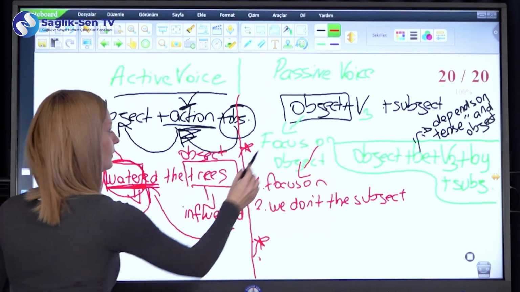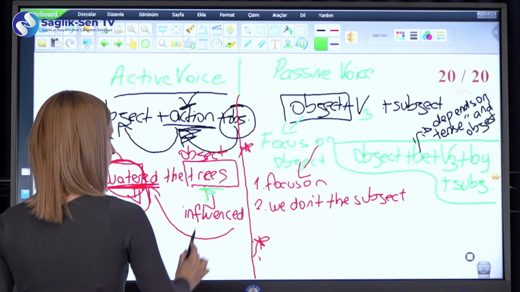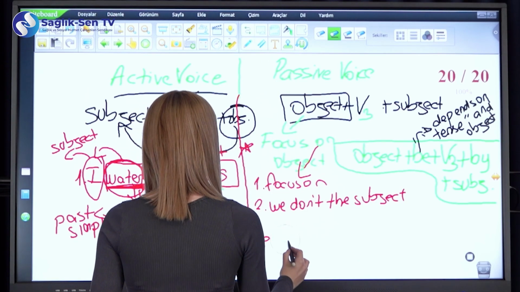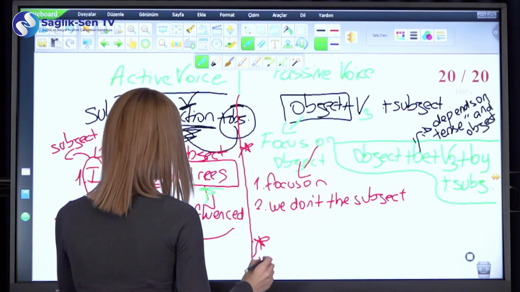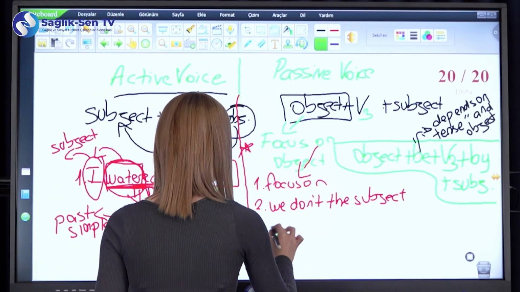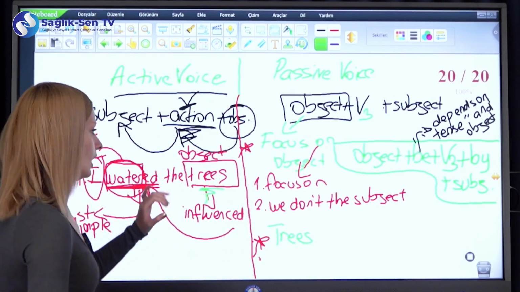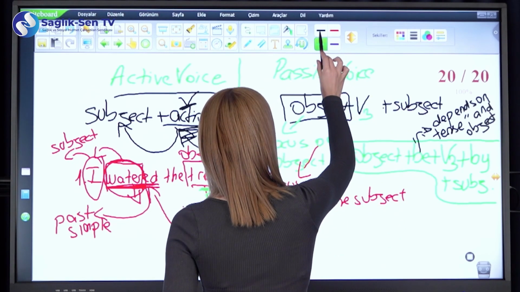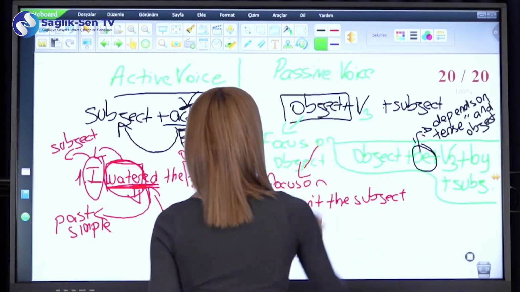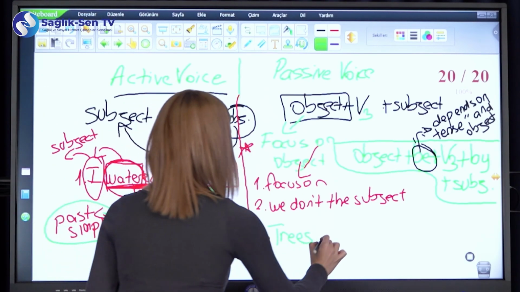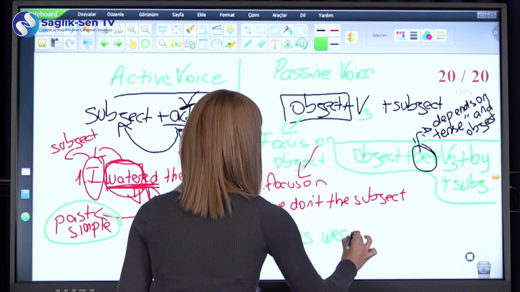I take my object to the beginning of my sentence. My object is trees. I'm going to use be. My time is past simple, that's why I use were.